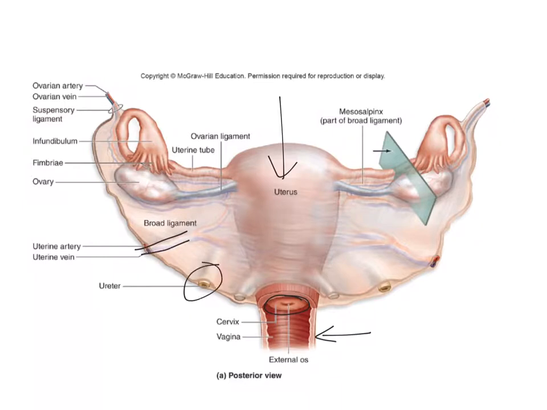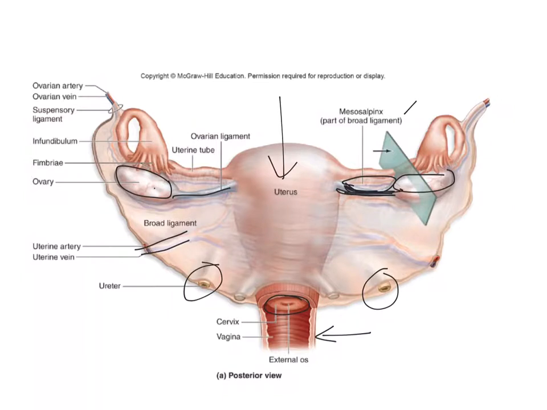There's a ureter, and there's another ureter. Now you're going to see the mesosalpinx, which is this part of the broad ligament up here. Here are the ovarian ligaments. The ovarian ligaments attach to the ovary. So there's an ovary, and there's an ovary. That's the ovarian ligament.